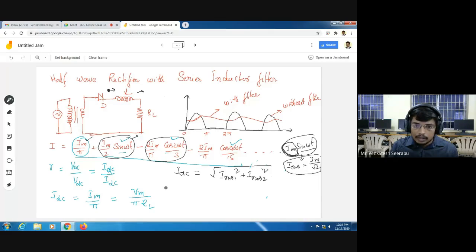Now can any one of you tell what is the IRMS 1 value for this AC component? I am finding IRMS 1 for this AC component, and for the other AC component I will find IRMS 2. So what will the IRMS 1 value be? What is the maximum value in this AC component?